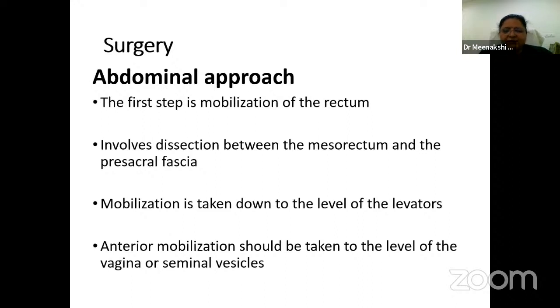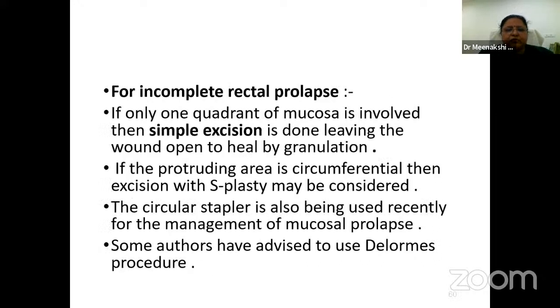As we have already seen in the surgical anatomy, we have to create a proper plane in between the mesorectum and the presacral fascia. Then mobilization is taken down to the level of the levators. That is also very, very important, how much we should dissect. And the anterior mobilization should be taken to the level of the vagina or seminal vesicles in female or male patients. So these are the principles of the abdominal approach.